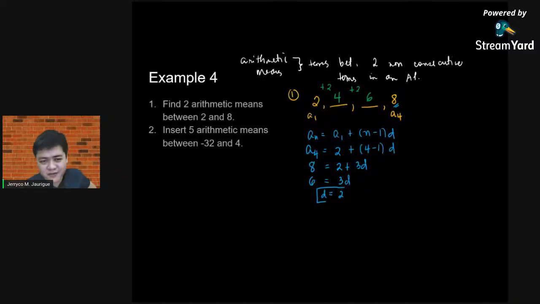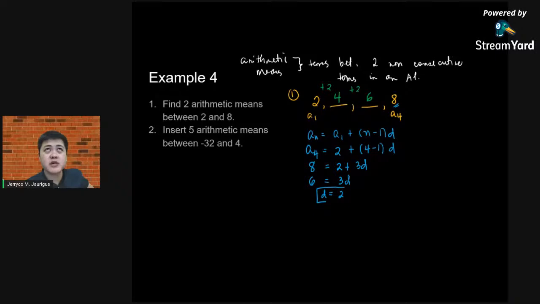Insert 5 arithmetic means between negative 32 and 4. Ito na yung last question. Okay. Again, insert 5 arithmetic means between negative 32 and 4. I think I can show 2 ways on how to do this.